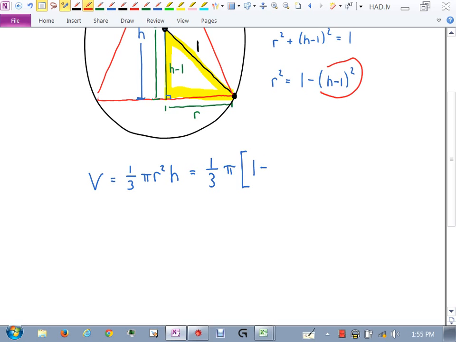H minus 1 squared becomes H squared minus 2H plus 1. So it's going to be negative H squared plus 2H minus 1.